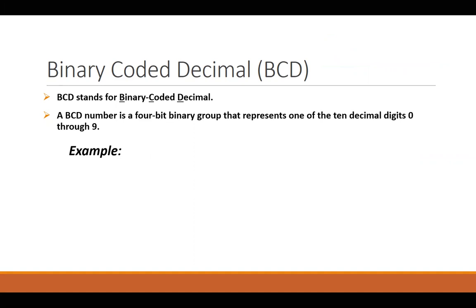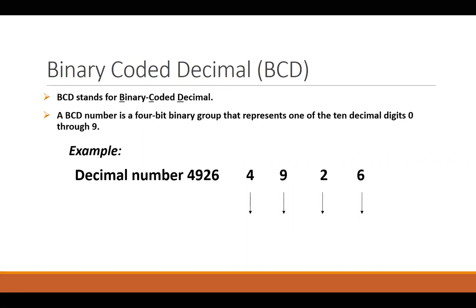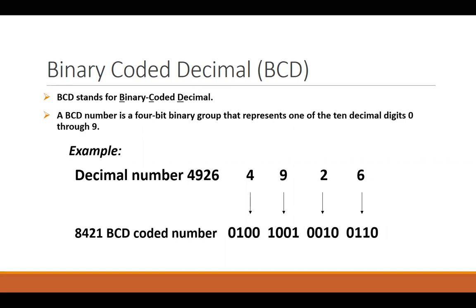Now let's see an example. The decimal number 4926 can be represented in binary coded decimal in groups of 4 bits, 4 bits dedicated to each digit. In 8421 BCD, 8421 is the coding scheme number of BCD, it would be represented like this.